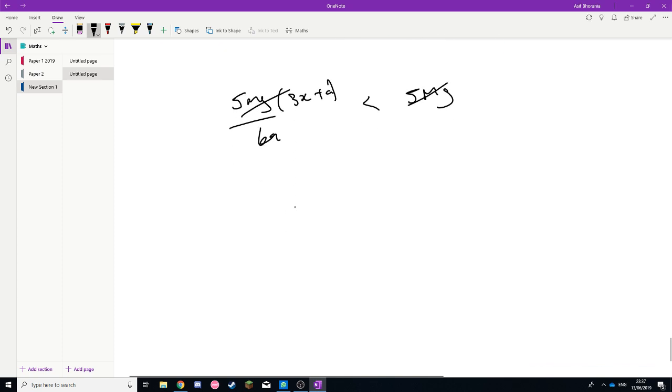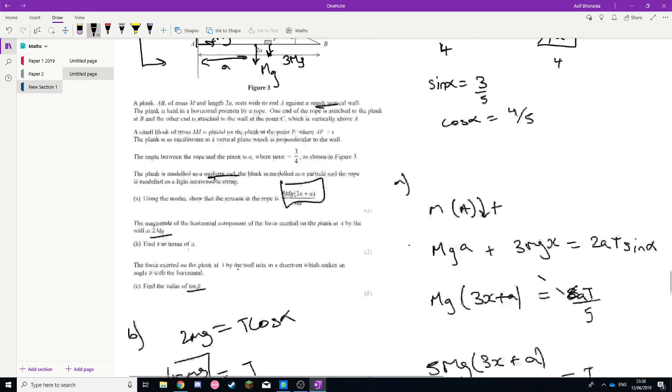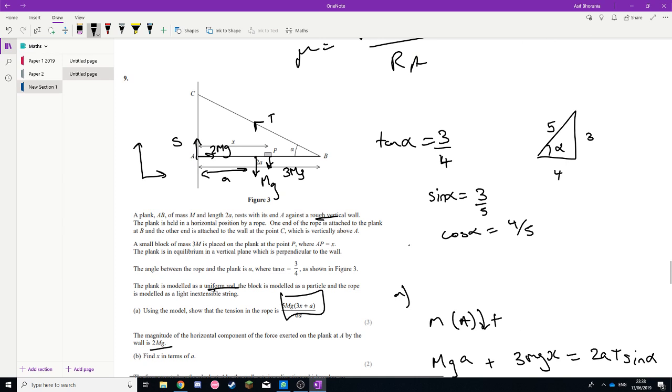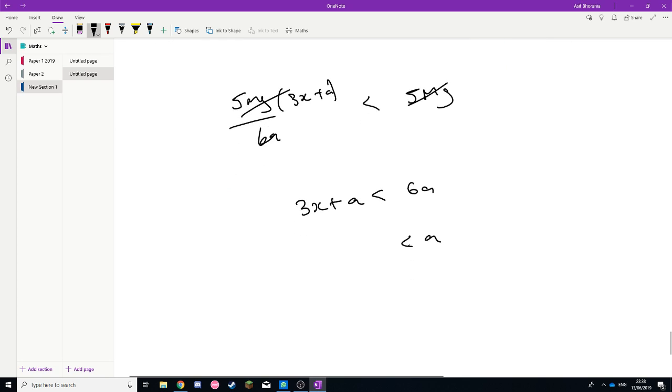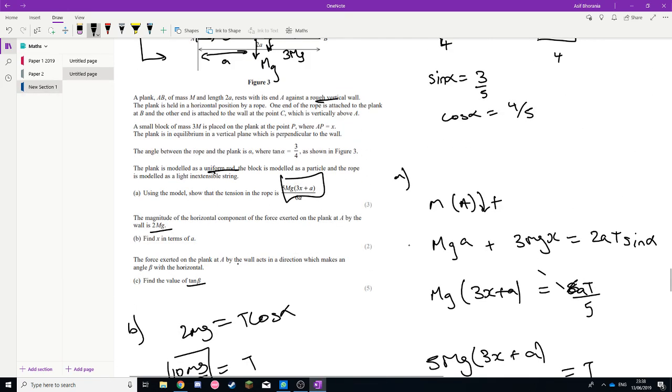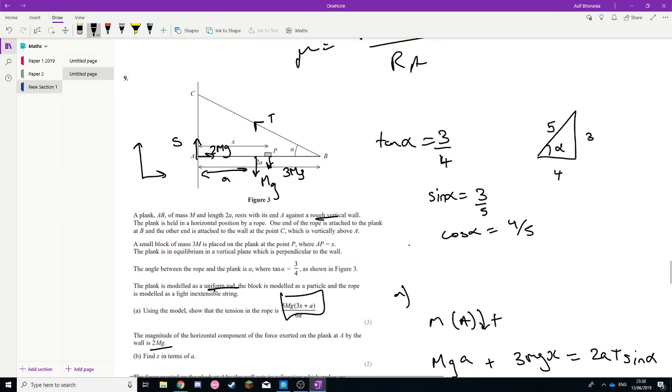Cancel out. 3x plus A less than 6a. So A has to be less, greater than. Wait, what? A has to be greater than. A should be less than something. Wait, did I flip my inequality somewhere? No, I didn't. What the hell? A has to be greater than.